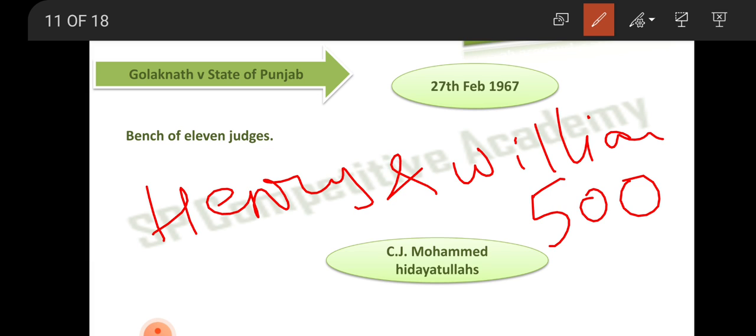But the Land Tenure Act, which was passed by the Punjab state in 1953, did not allow anyone to own this much land.